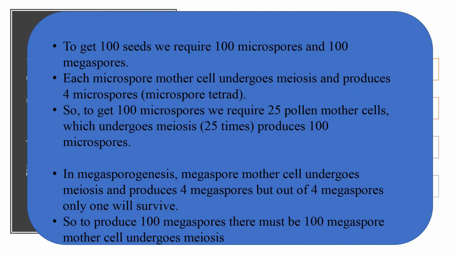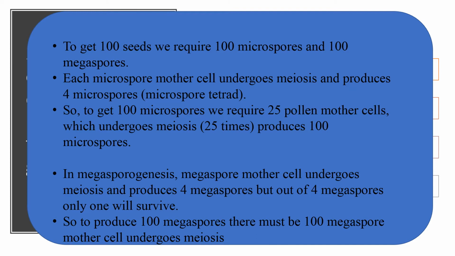So we know that in megasporogenesis, the megaspore mother cell undergoes meiosis and produces 4 megaspores, but out of 4 only one will survive and the other 3 will disintegrate. So to produce 100 megaspores, there must be 100 megaspore mother cells, following 100 times of meiosis.